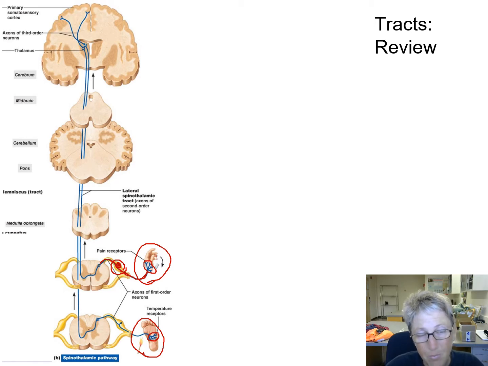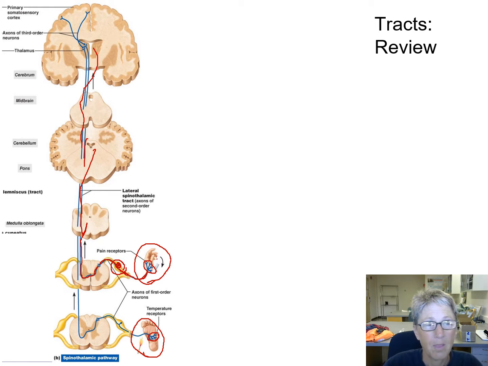It will synapse with a second order sensory afferent neuron, and that second order sensory afferent neuron will cross over or decussate, and that information will travel in the form of an action potential up the spinal cord. Sorry, this is really bad with this mouth.